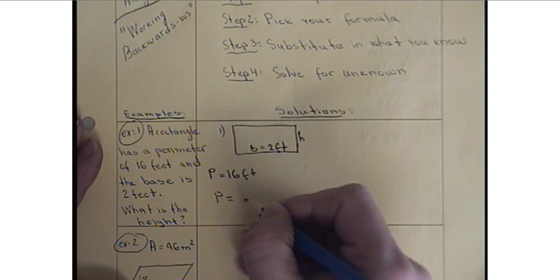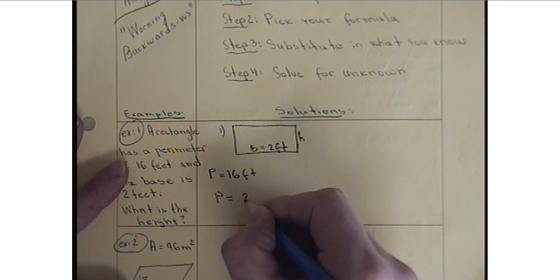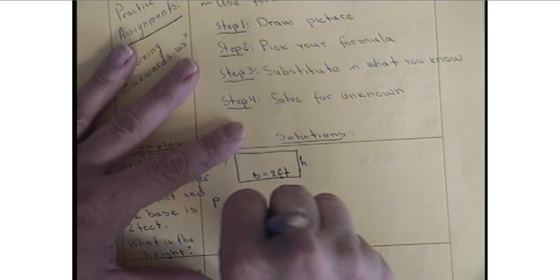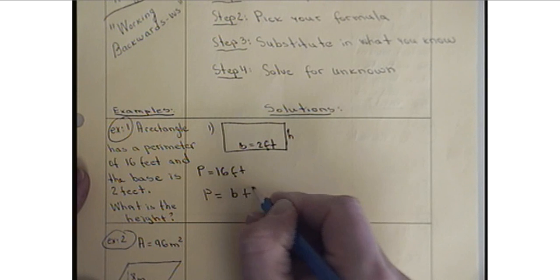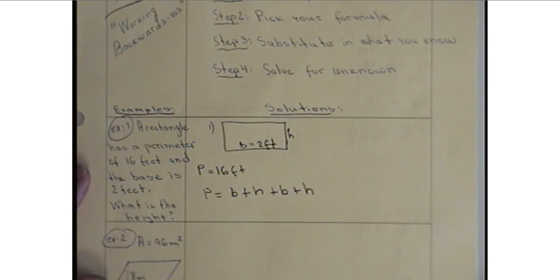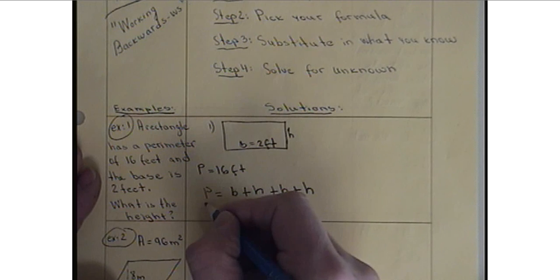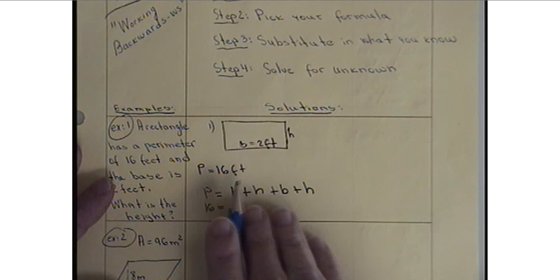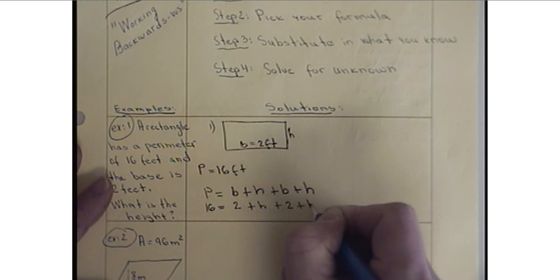Well, the perimeter formula is, let's add all those together. So we're going to use b plus h plus b plus h. The perimeter is 16, so instead of P, now we write down 16. Then the base is 2, so we have 2 plus h plus 2 plus h.